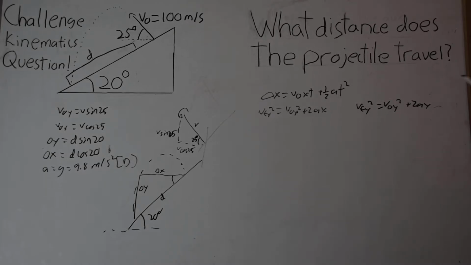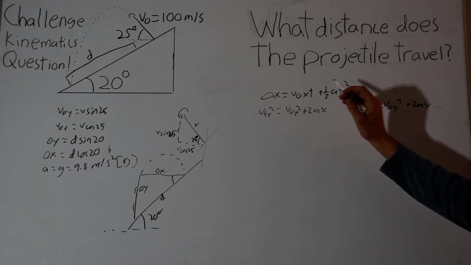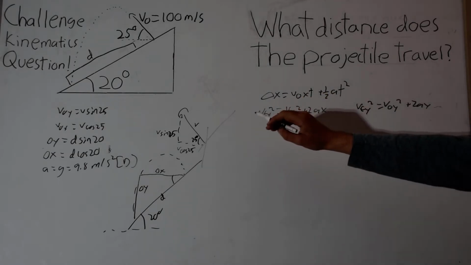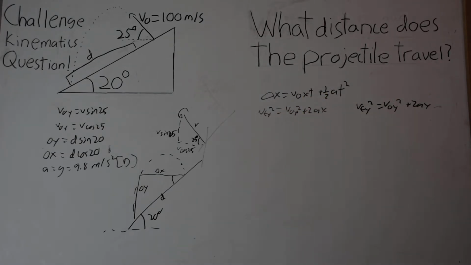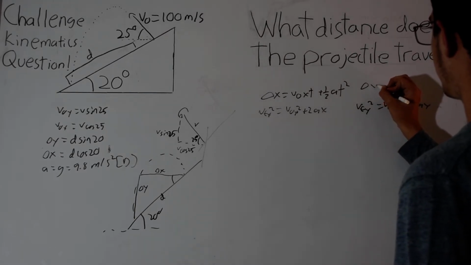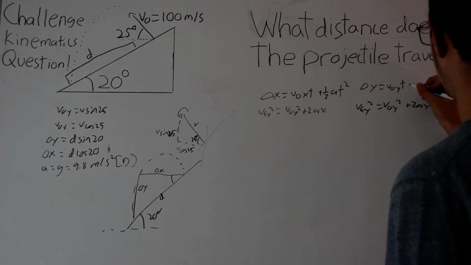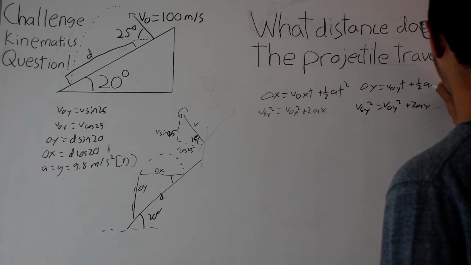So it's always useful to use this equation because it has time, and time is going to be the same in both variables. But v final x and v final y are not the same at all. Alright, let's continue. So let's say change in y equals v0y t plus 1/2 a t squared.